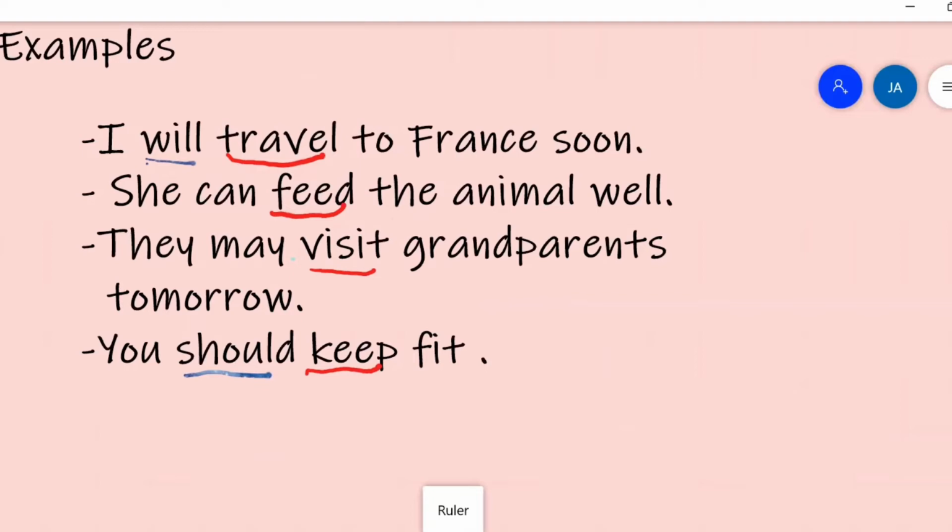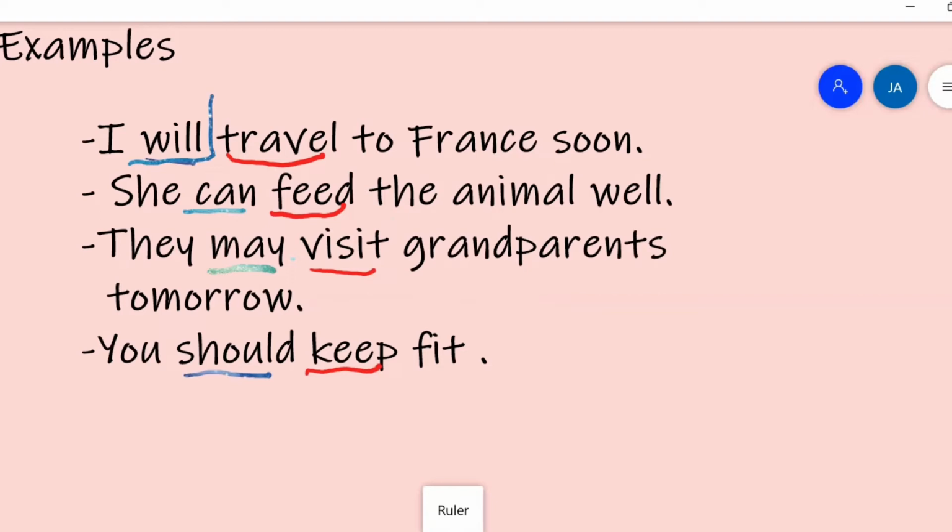Look at the auxiliary. In the first sentence, the auxiliary verb is will and the main verb is travel. In the second sentence, can is the auxiliary and feed is the main verb. In the third sentence, may is the auxiliary and visit is the main verb. And in the last sentence, should is the auxiliary and keep is the main verb.